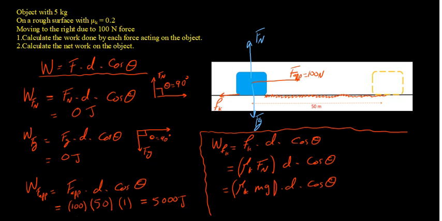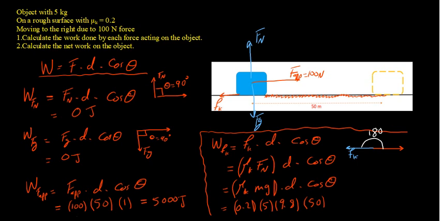So now we can just replace values. It's 0.2, the mass is 5, 9.8, and the distance is 50. Now, the distance is going to the right. However, the friction force is going to the left. If I look carefully, I will notice that the angle between them is 180 degrees.